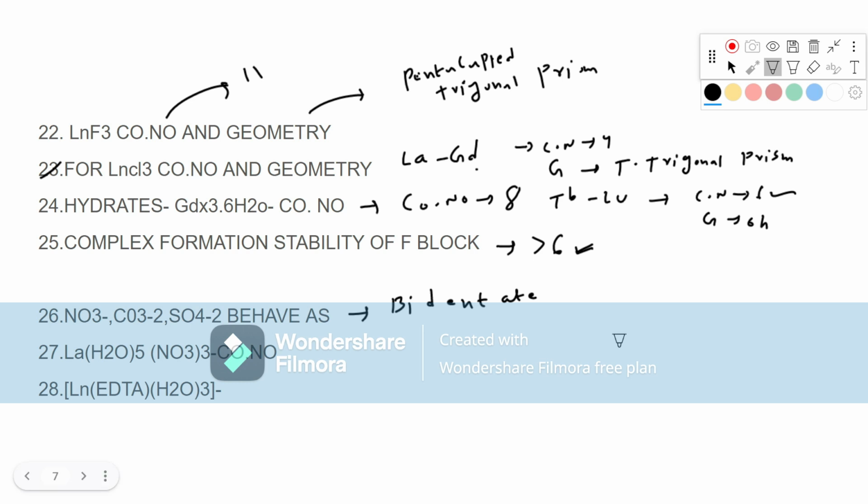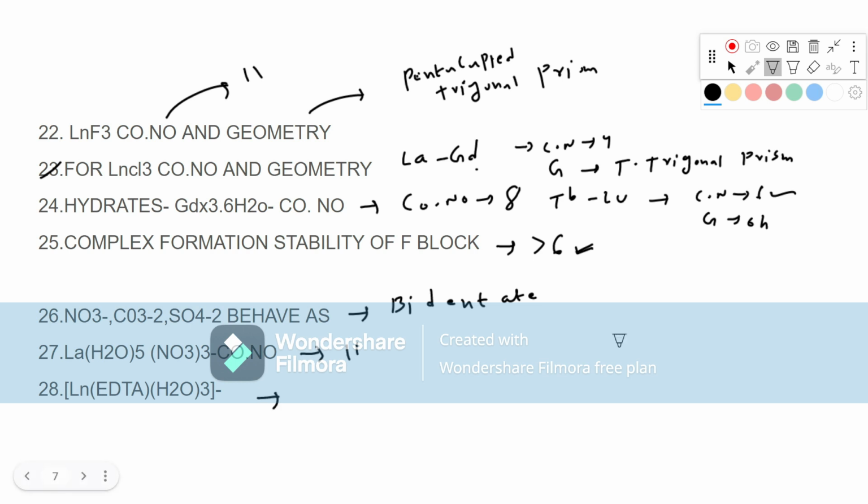Bidentate ligand means every ligand will give 2 electrons. Suppose you take this complex, what is its coordination number? H2O 5 means 5. Next, NO3 is the bidentate ligand, so 3 into 2 is 6, and 6 plus 5 is 11.